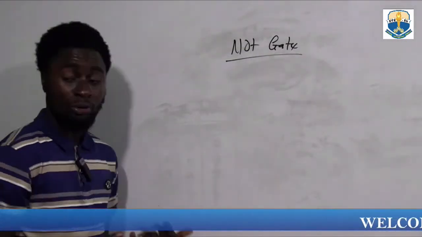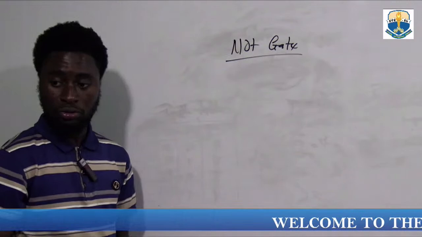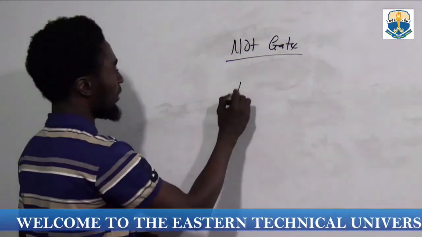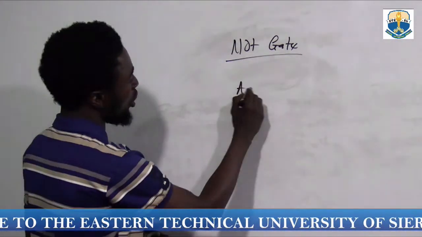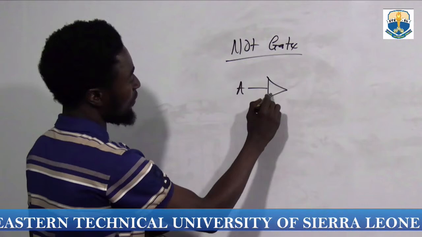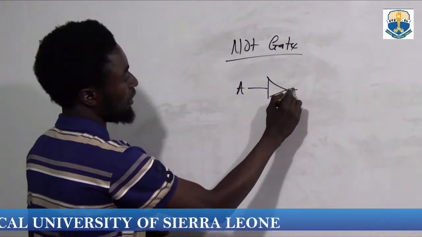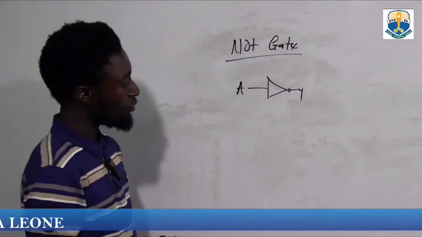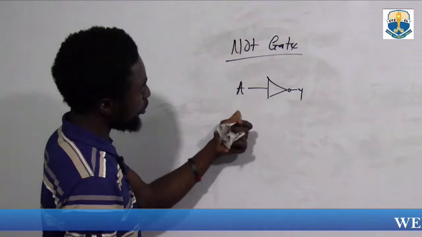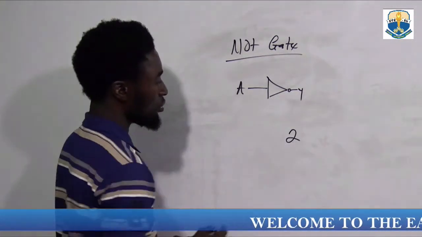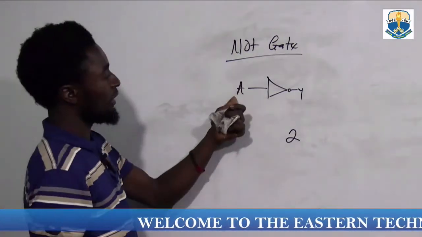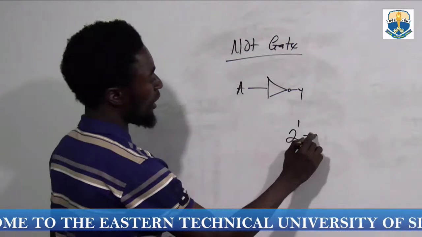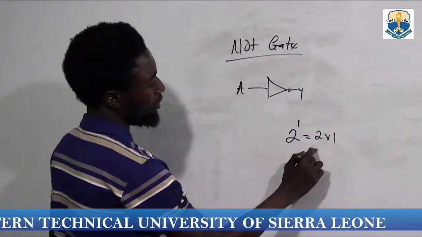That input can also be an expression, but let's first look at it as a single letter, like A. To draw the NOT gate, we have this, and our output is Y also. But remember, the base is 2 and the number of inputs is 1. So 2 raised to the power 1 is 2.